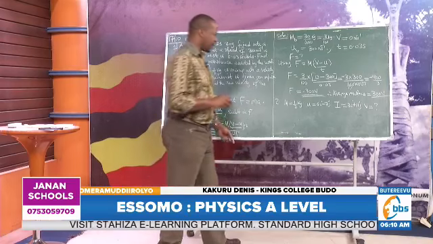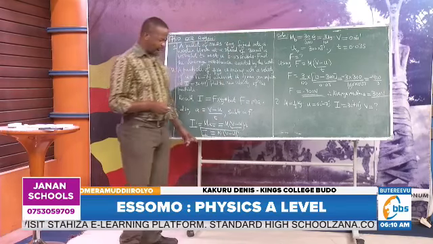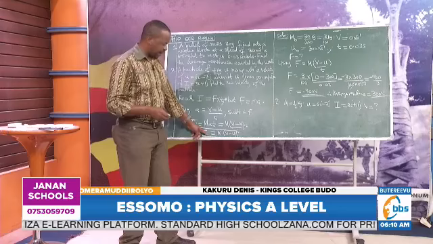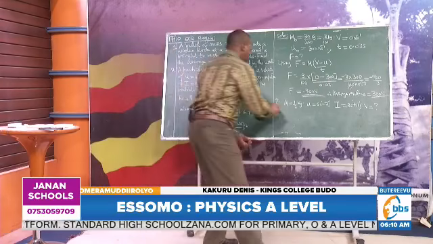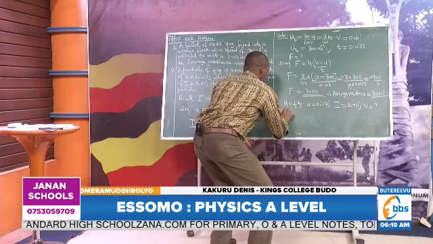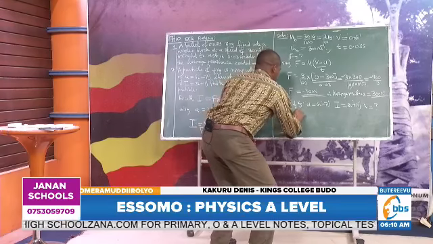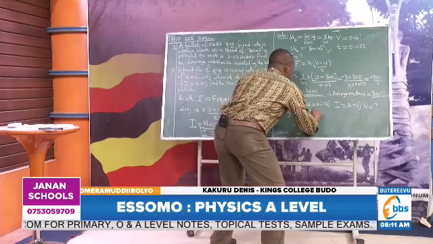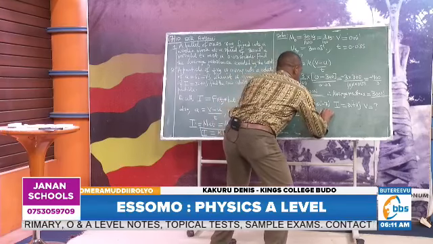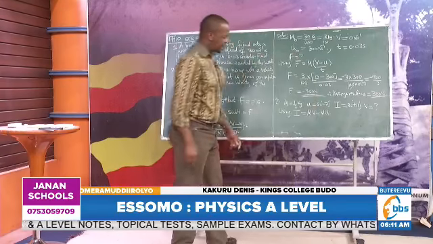So we already know that impulse, just like we started the lesson, is given by the change in momentum. We shall use the fact that impulse is equal to momentum change, or momentum after collision minus momentum before collision.